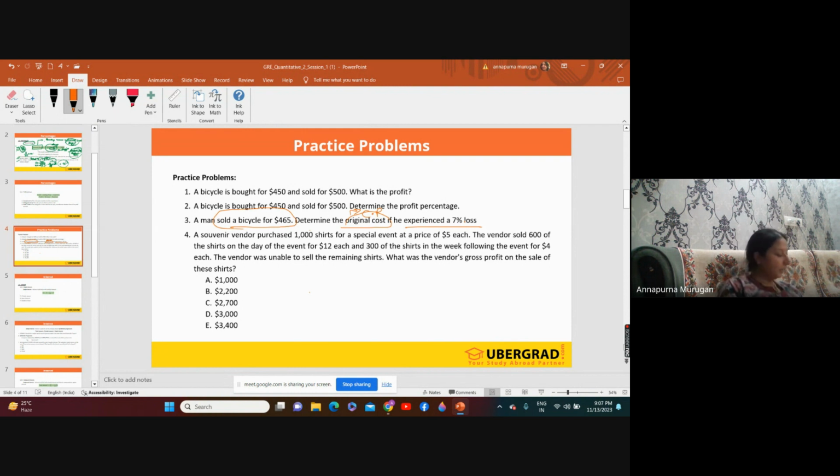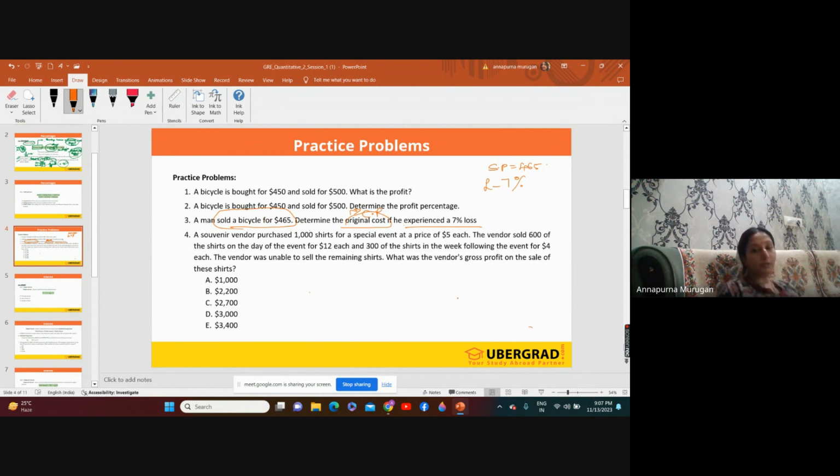So what you people need to do here? Here they have given selling price 465 and 7% loss. So now calculate, use the formula.